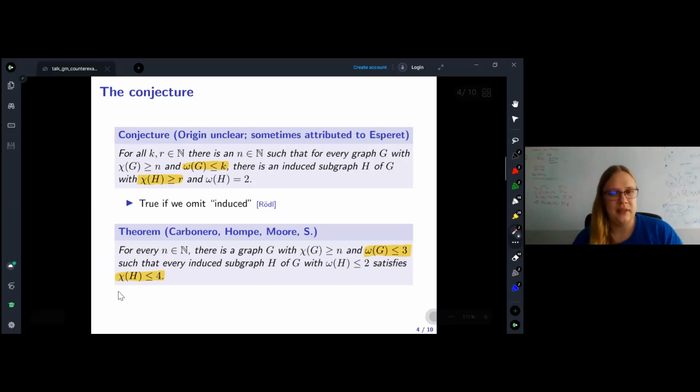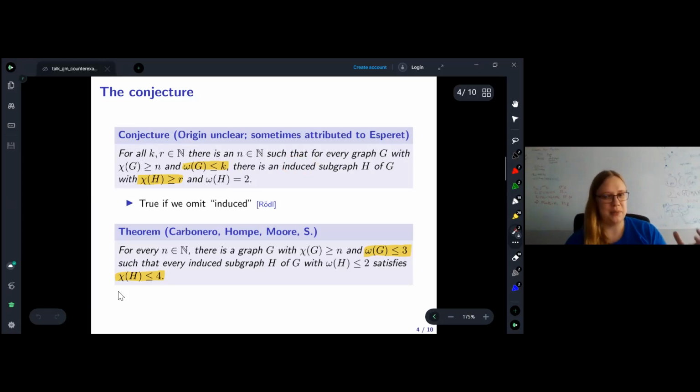So this is a conjecture that we disproved. And part of the motivation for trying to prove it is that it's true if we don't say induced here. There's a beautiful proof of Rödl's that shows that if I just ask for H to be a subgraph, then this is true.